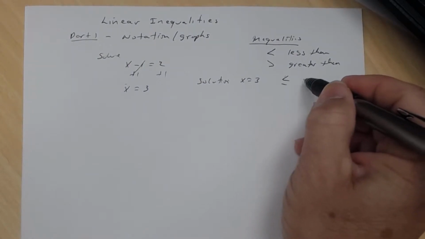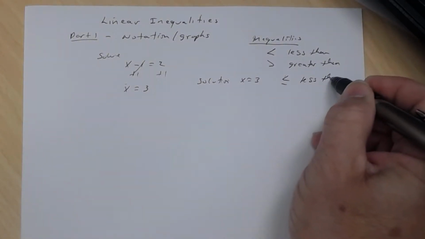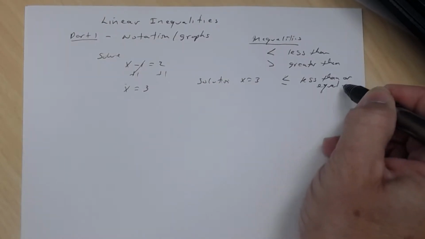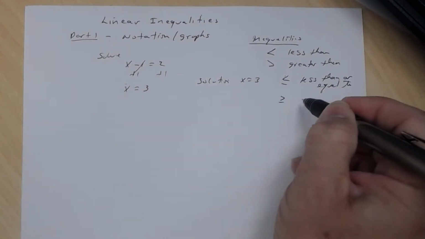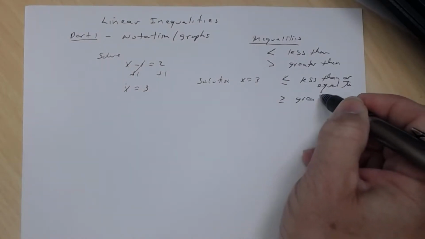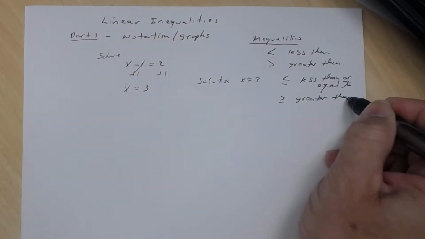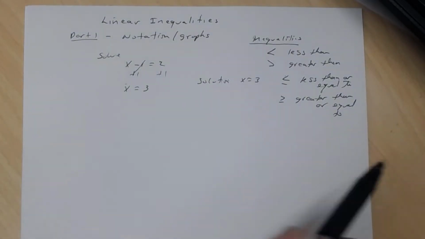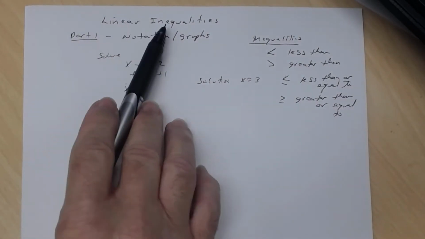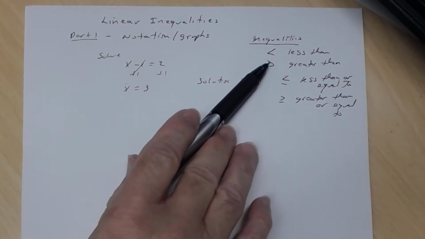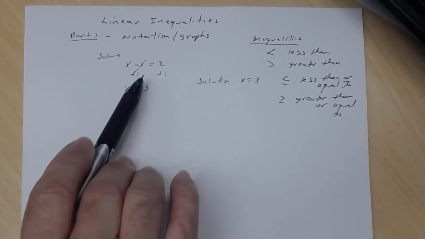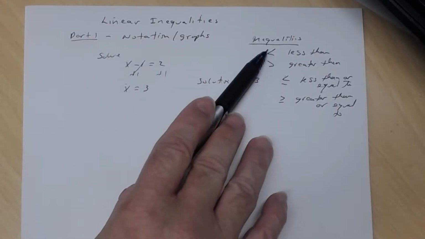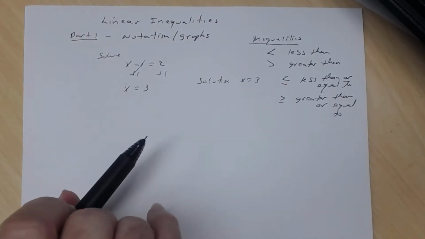This is the less than or equal to, and this would be the greater than or equal to. So linear inequalities will have these symbols. If it's an equation, it just has an equal sign.